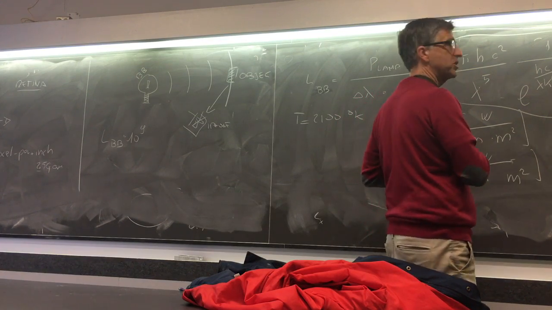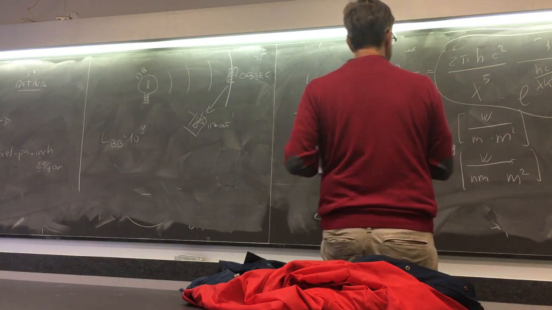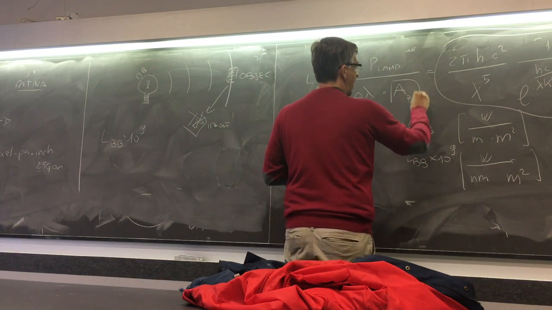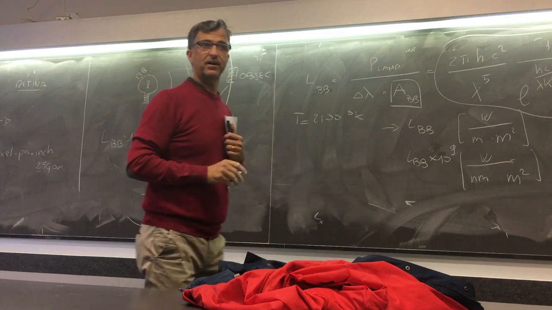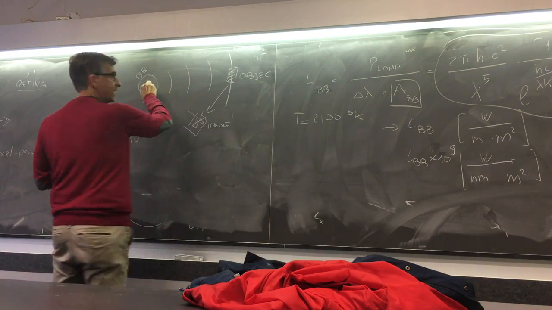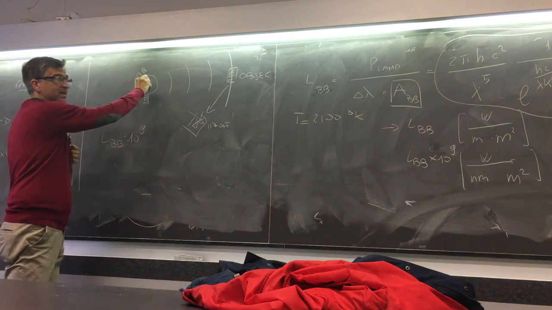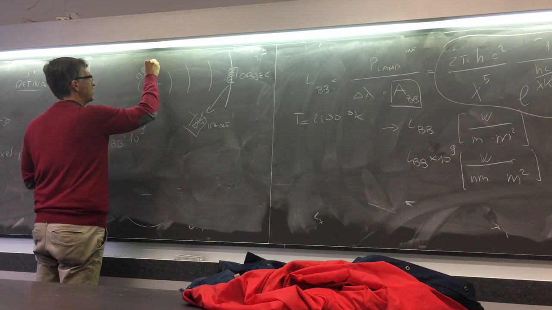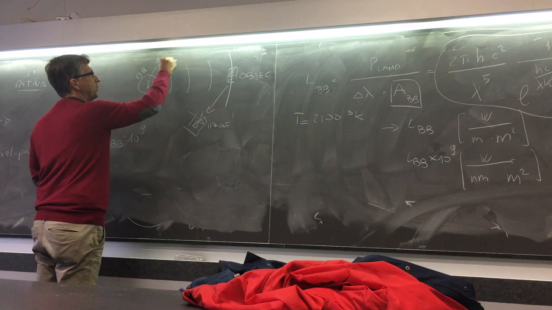So this is only a change of unit, okay? And then, in order to solve this, I compute it for the area of the black body. The area of the black body is the area of the tungsten filament. Suppose that I have 1 centimeter, I already made this example.